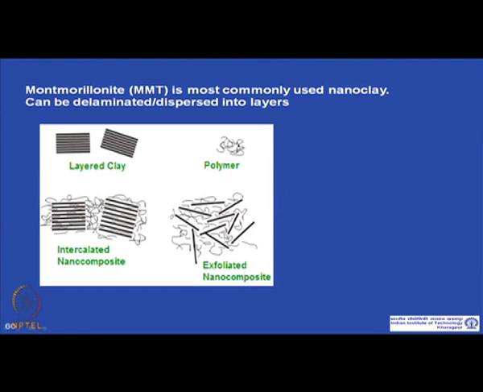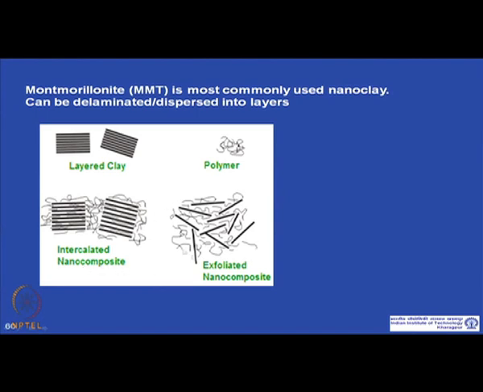And that happens if there is very good interaction between the polymer matrix and the surface of this clay. There could be an intermediate scenario between these two, where the layers are separated to some extent with the polymer chains in between, and we call this an intercalated nanocomposite.